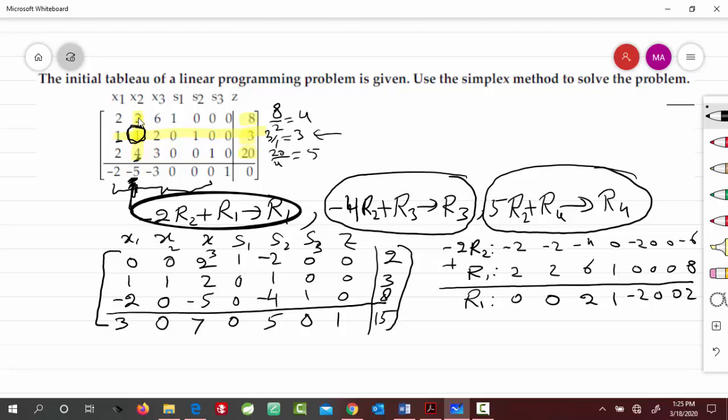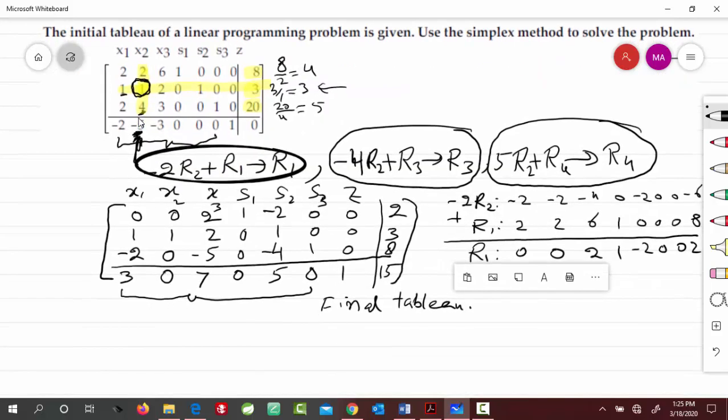We have performed these steps, and now we look for the indicators again. These numbers are in the last row, and now we don't see any negative numbers. That means this is the final table, so we only have to read it.